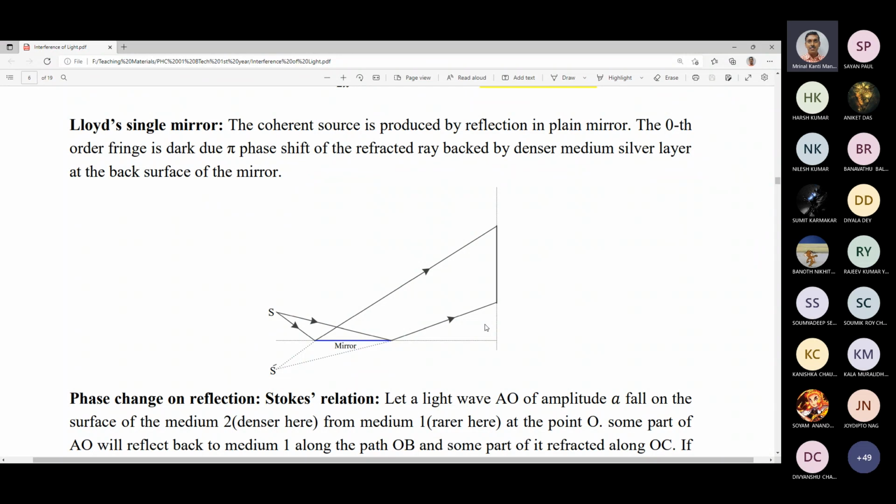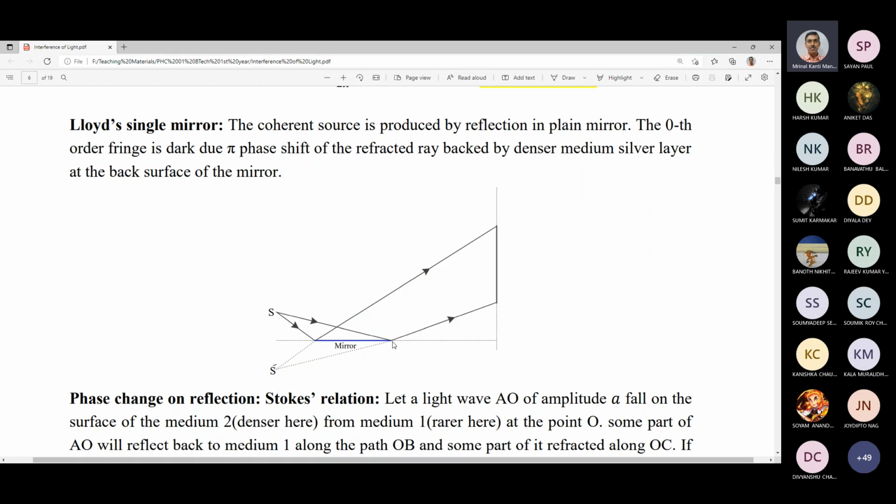Now, if we move the screen towards the mirror, and if it touches the end of the mirror, then what will happen? At that particular point of contact, the path difference will be zero.